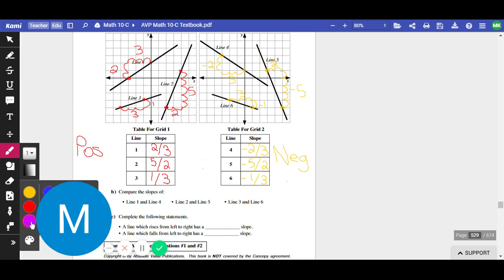From left to right, if it's going up, it's going to be positive. From left to right, if it's trending down, they will all be negative.